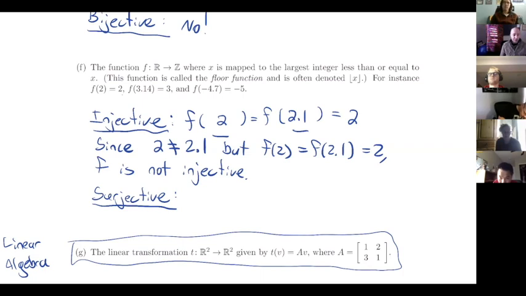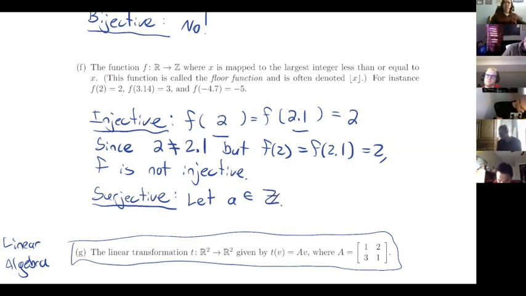What do you guys think about surjectivity? I think it is surjective. All right, so let's pick something in our codomain, which is integers.